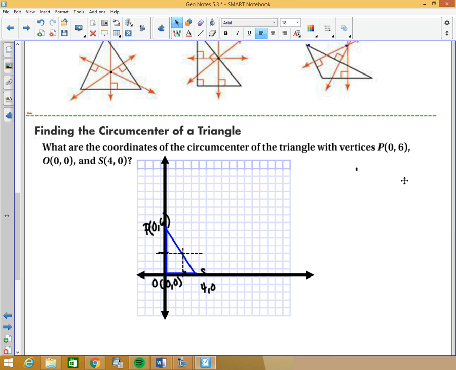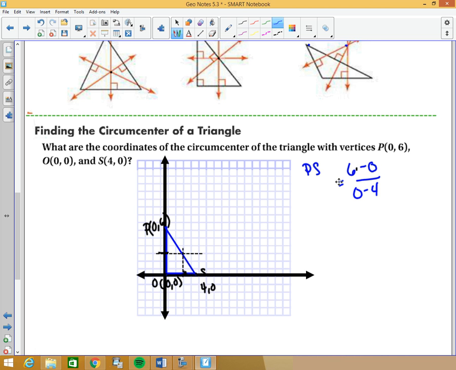So the first thing we have to do is find out what is indeed the slope for this line, PS. Okay, so we'll take point P and point S, and we'll say the change in y. So we'll say y2 minus y1, so 6 minus 0, and then x2 minus x1 would be 0 minus 4.